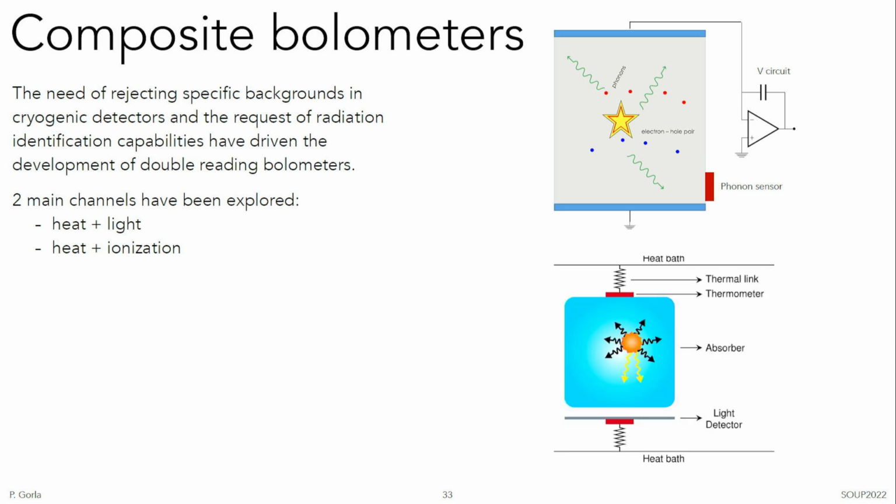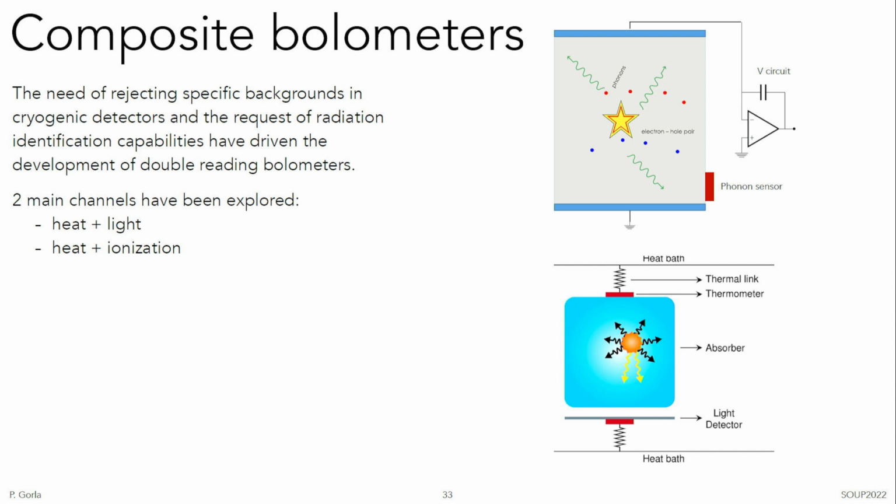The other option is what are called scintillating bolometers, in which your absorber crystal is also a scintillator. When you have a particle interaction, you again produce phonons that are read by a phonon sensor, and you produce light that can be read by a light detector.